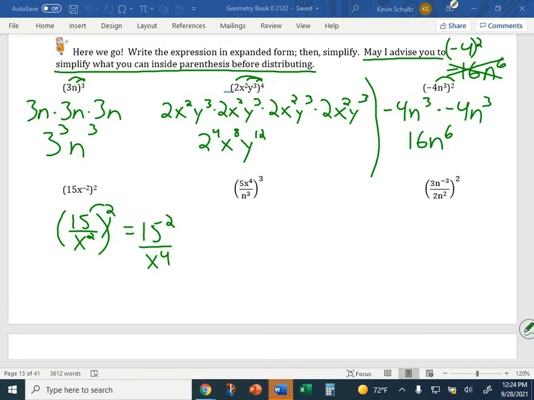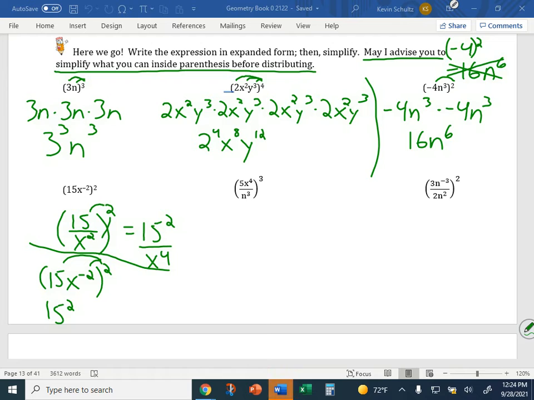If we distributed first, so we have 15x to the negative second squared, we still get the 15 squared, but what happens when we have a negative power? Do you still multiply? Yeah. And what do you get?